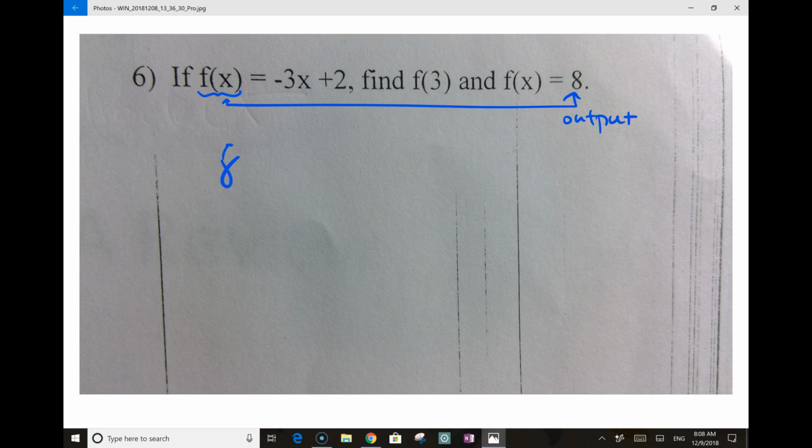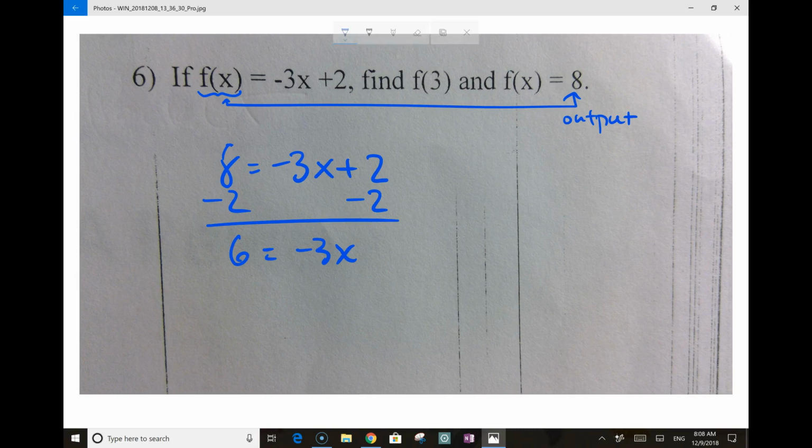So it's 8 is equal to negative 3x plus 2. And now we have a two-step equation that we have to solve. So to do that, I simply subtract 2 on both sides. I get 6 is equal to negative 3x. When I divide by negative 3, what I get is x is negative 2.